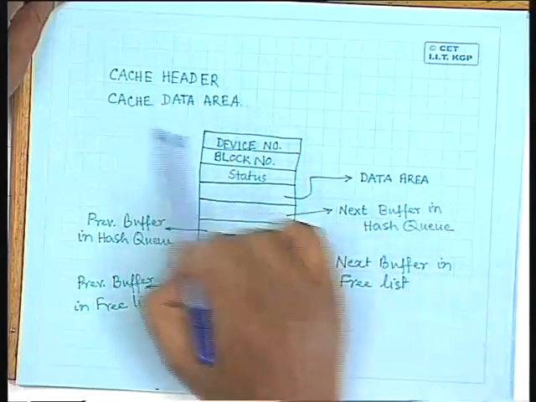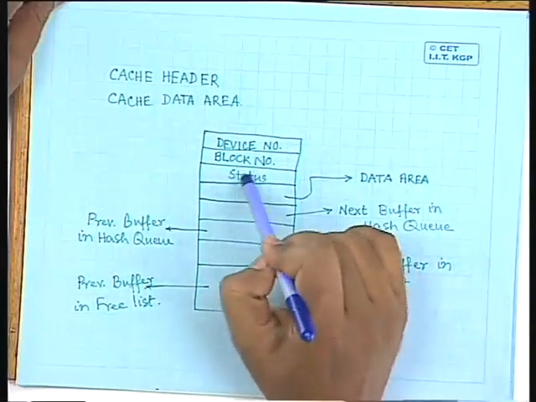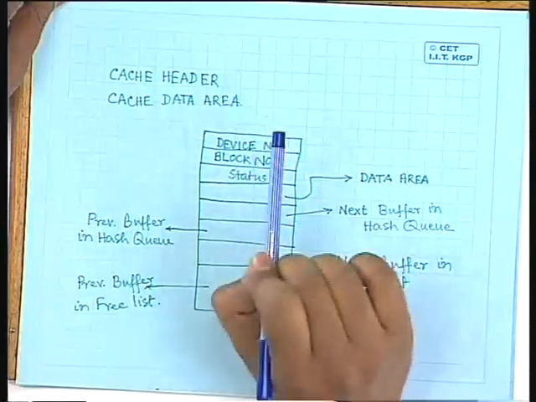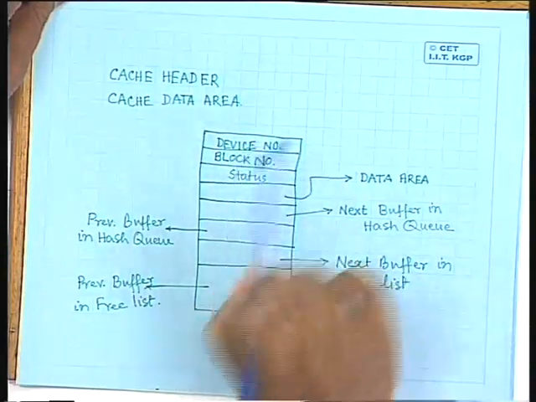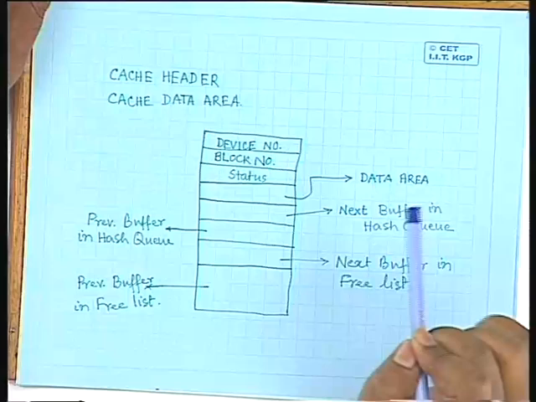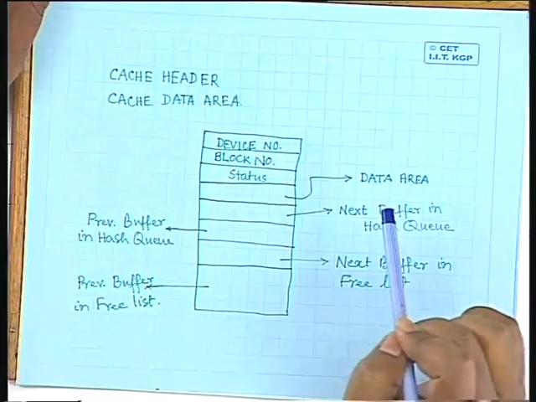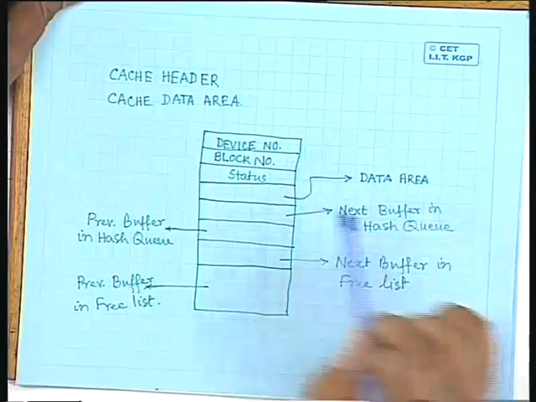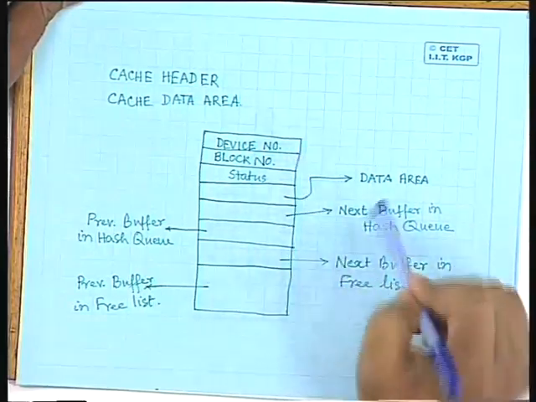So whenever such invalid data is encountered, immediately some status bit in the status field has to be marked saying that the content of this buffer is invalid. It should not be processed by any other process. Likewise there can be many other pieces of information put in this status field, which will come subsequently.